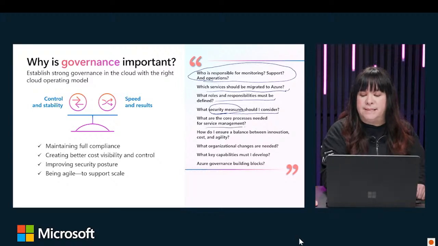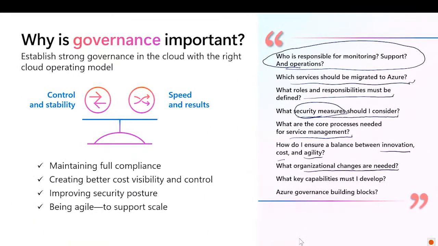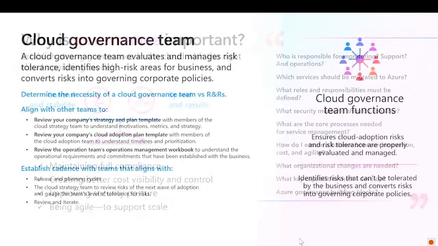What are the core processes needed for service management? How can I ensure a balance between innovation, cost, and agility? What organizational changes are needed? What key capabilities must I develop? And finally, what are the Azure governance building blocks? This is what the well-architected framework would be able to support you with.